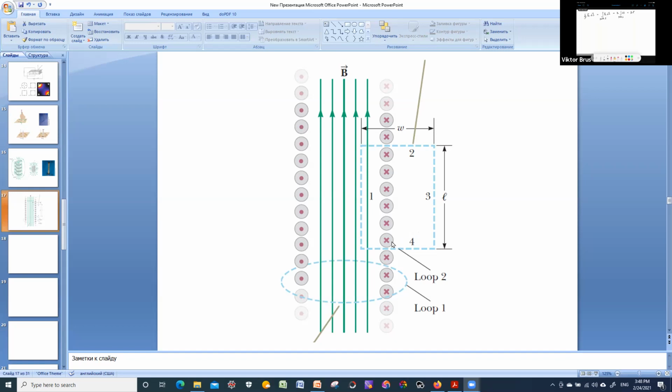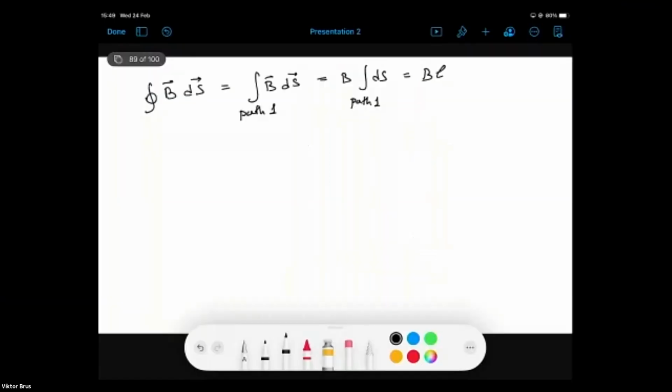So in this case, we need to calculate the total number of these coils in the loop and multiply them by I, because I is the electric current which flows through the wire, and in each of these loops there is the same current which will additively contribute to the total current flowing through the surface defined by the closed loop. That's why now we stop sharing.